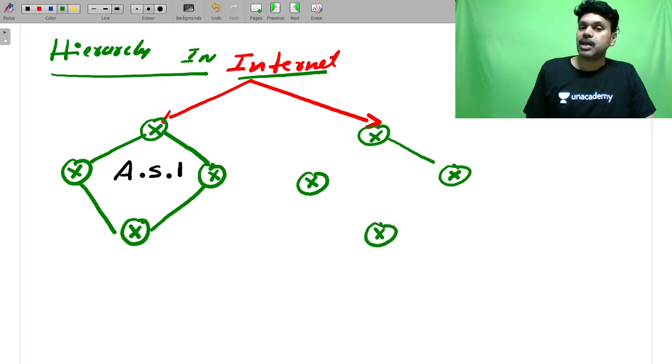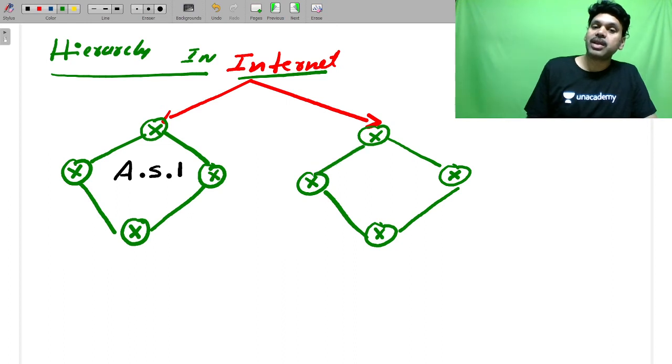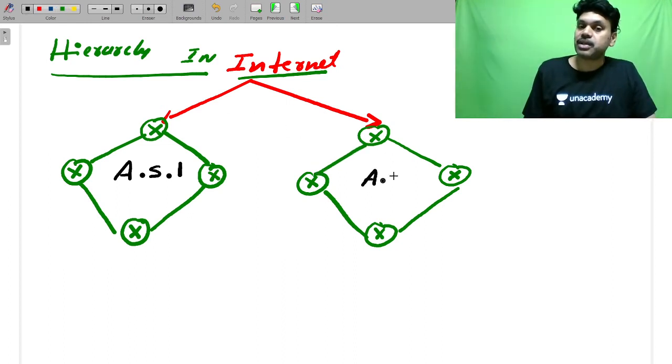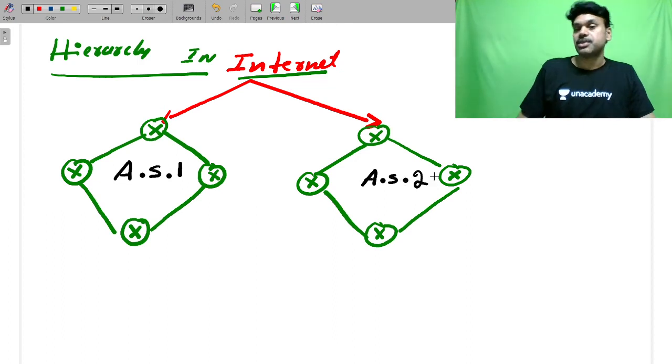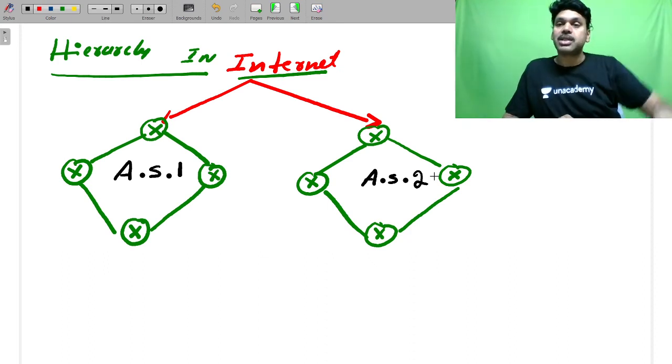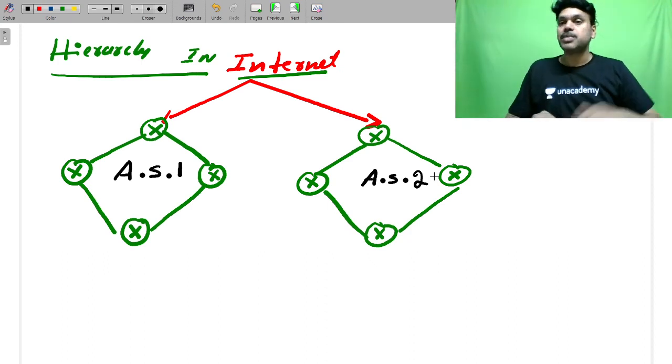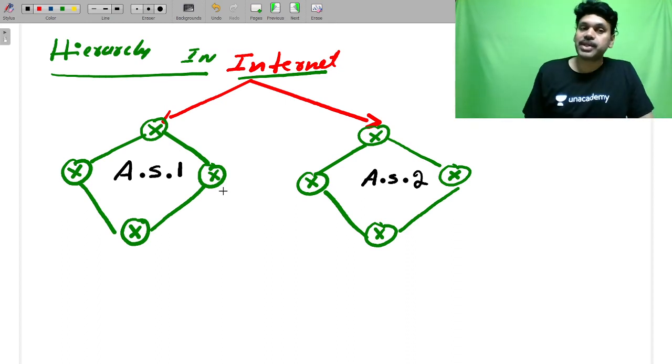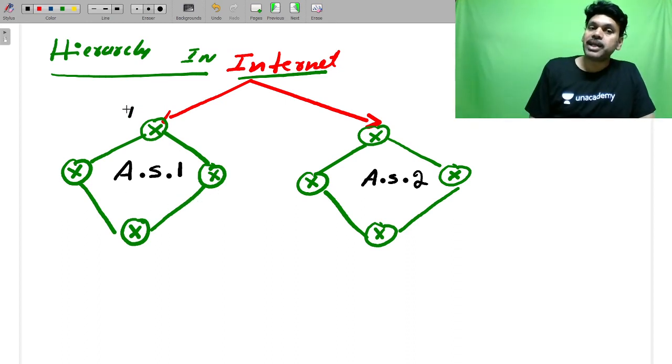Assume this is one state and this is another state, or one country and another country, however you guess it, but there are two different autonomous systems. A group of routers formed together, which are part of a large network, is the concept of what? Autonomous system.